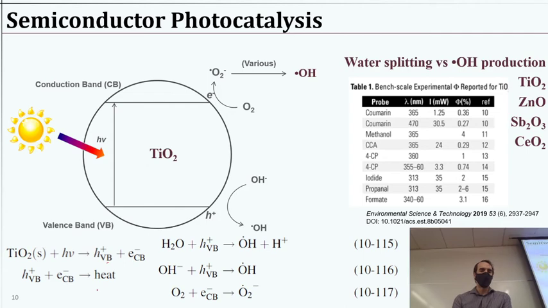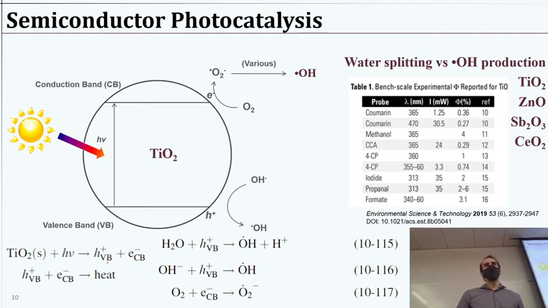These two can collapse back together with heat, or ideally we have water reacting with that hole, giving us a hydroxyl radical and a proton, and the hydroxide could also react with the hole directly, or we can have oxygen reacting with the electron there and getting our superoxide radical anion. As we know, that can participate in further reactions and can get to our hydroxyl radical.